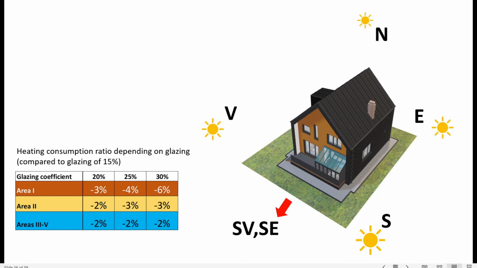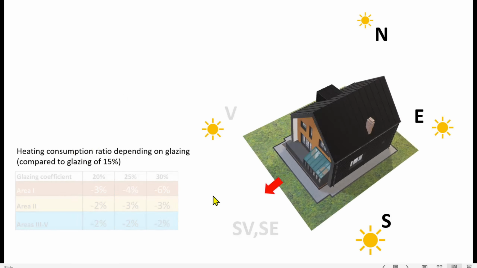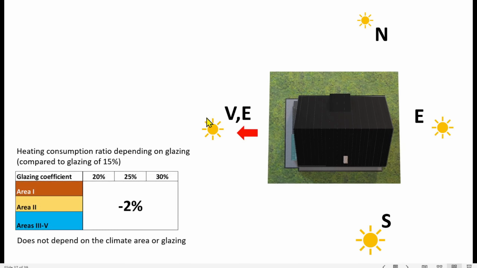Now let's see what this report looks like for the southeast, southwest orientation. For west and east orientation, we see that the effect of increasing the area of windows also decreases with the orientation of the house because the solar intensity decreases toward the south.